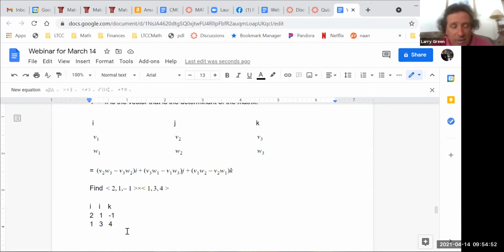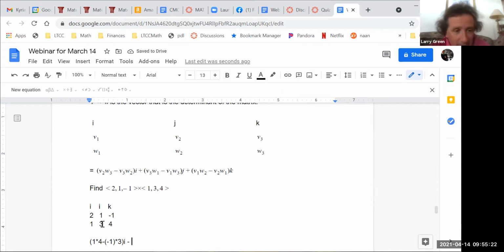Okay, then I find the determinant. So for the I component, you look at this little 2 by 2, and that's 1 times 4 minus -1 times 3, which is 7. So let me write that out. 1 times 4 minus -1 times 3, I, and then minus the J component.